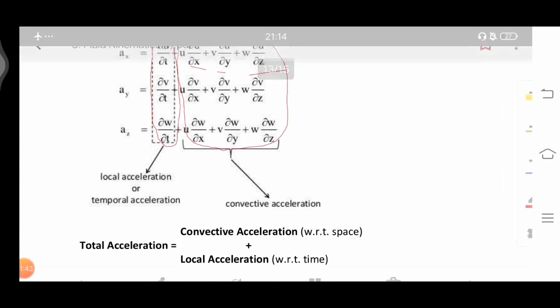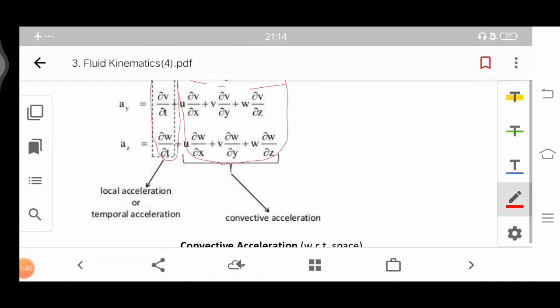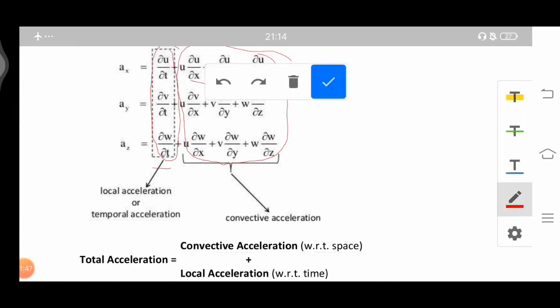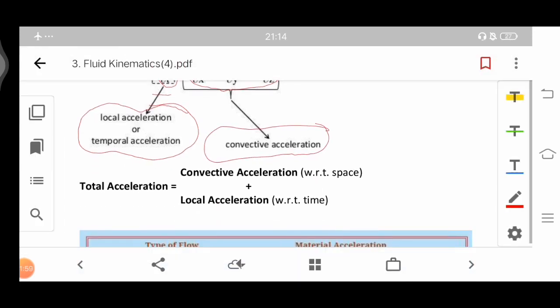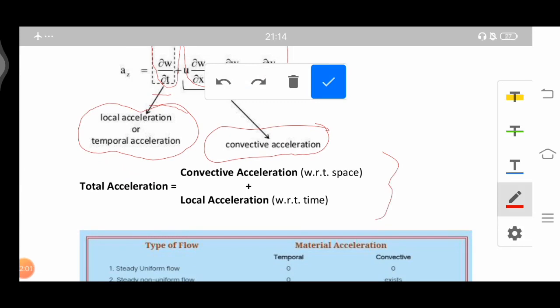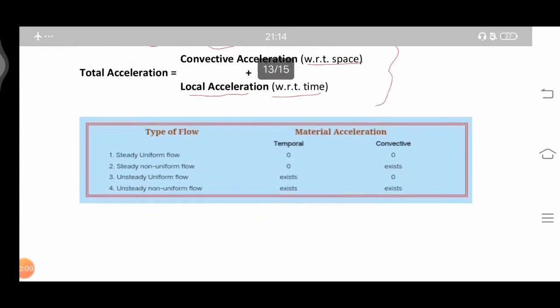So these differentials of the velocity with respect to time are known as the local or temporal acceleration, whereas this one is known as the convective acceleration. So basically total acceleration is the sum of the convective acceleration, which is with respect to space, and the local acceleration, which is with respect to time.